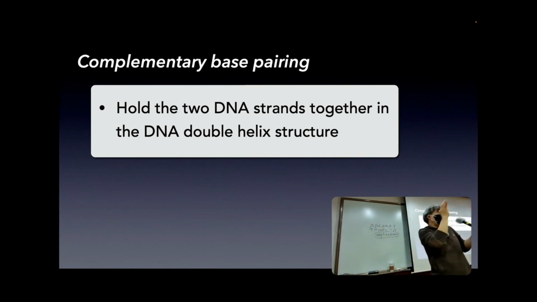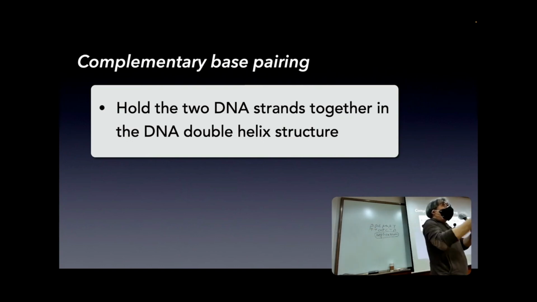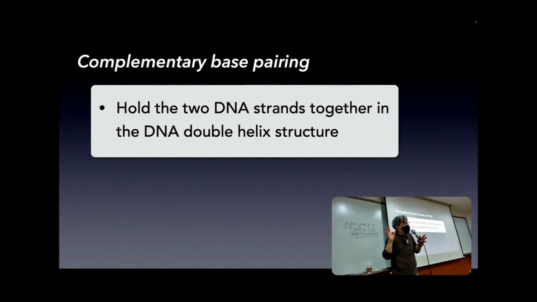What's the most important thing for any genetic material? It should provide us longevity, should be able to make us keep going forever and ever through what? Reproduction. And what do we do during reproduction?